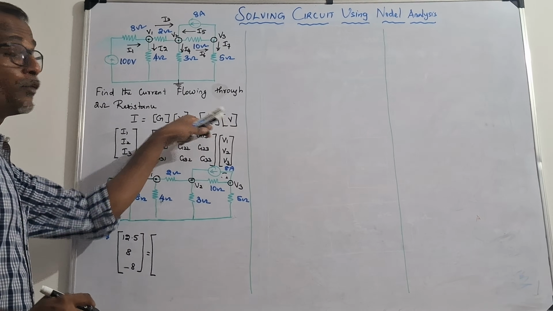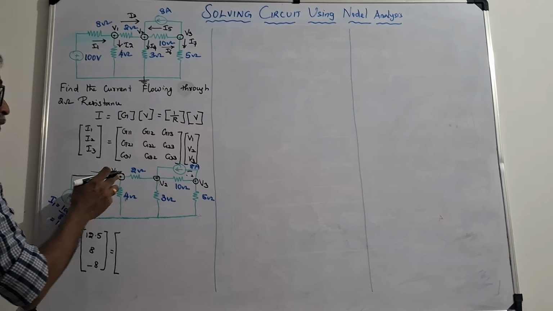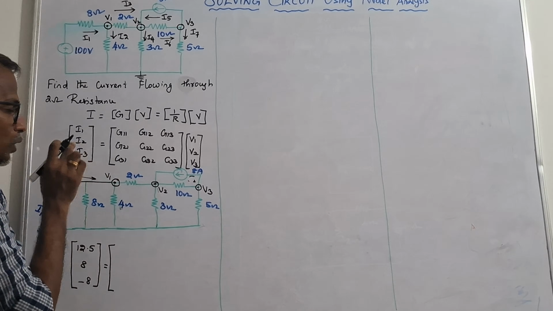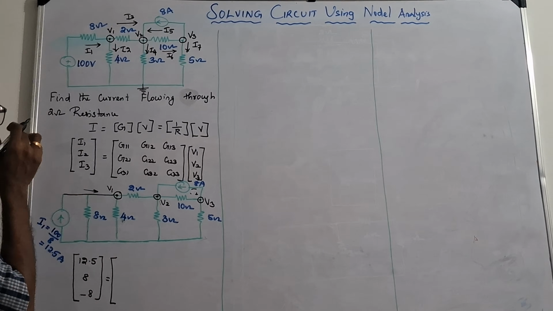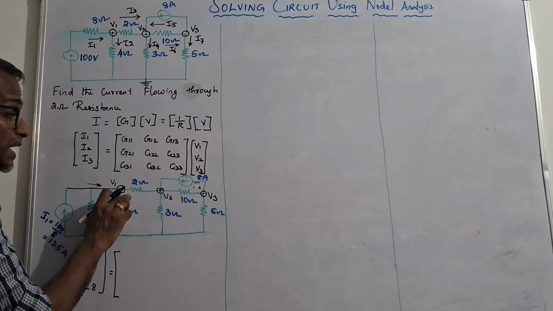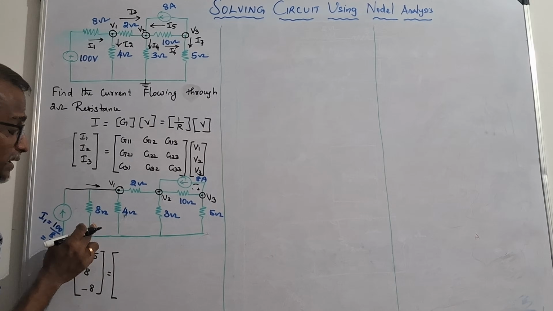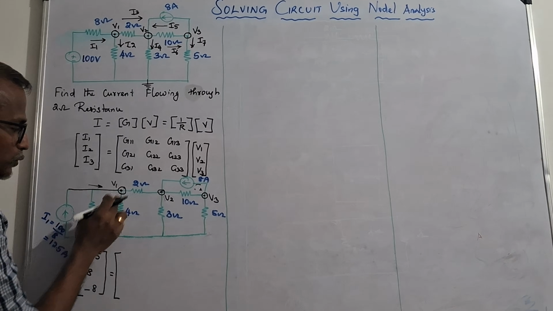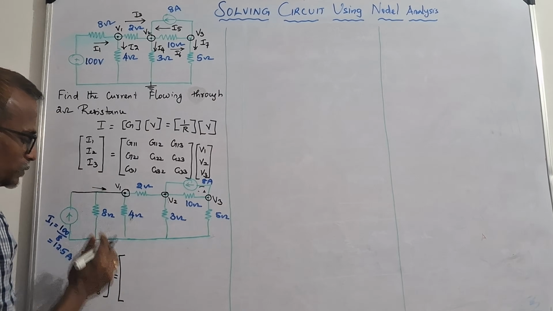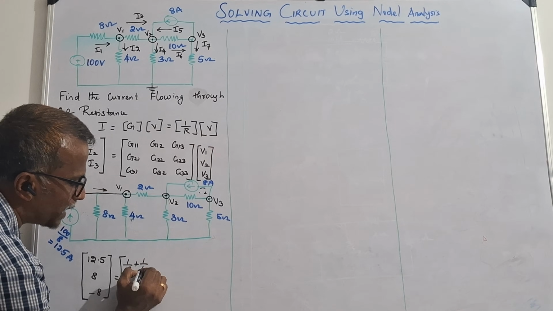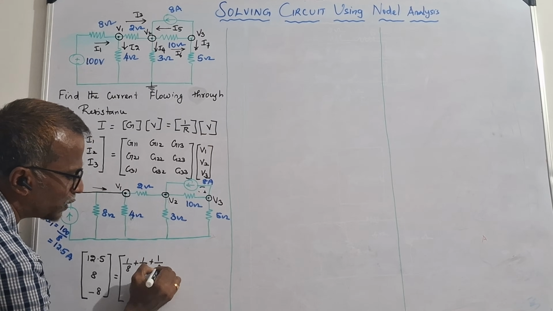G11 means what? 1 by R. So, the total conductance of the particular node, the total sum of the conductance connected in the particular node, G11. Therefore, what all the resistances are connected? 8 ohm, 4 ohm and 2 ohm. So, I will write conductance 1 by 8 plus 1 by 4 plus 1 by 2.